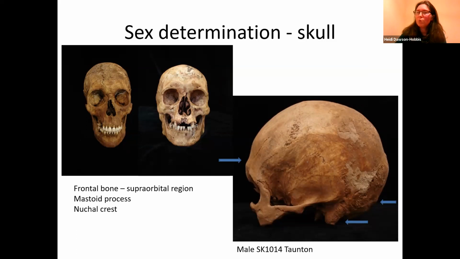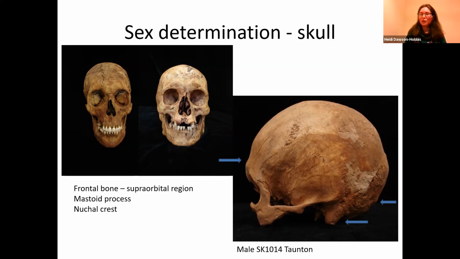They tend to get more robust morphology. Particularly in the area of the eye orbits, males tend to have a supraorbital area, the area by the eyebrows, that is more prominent. They also tend to have foreheads that slope further backwards, whereas females have quite flat, high foreheads.